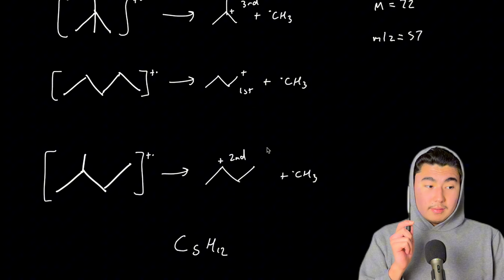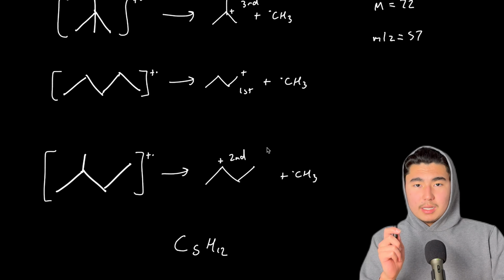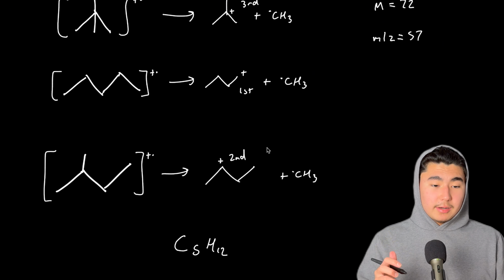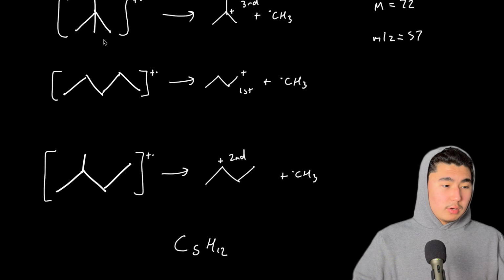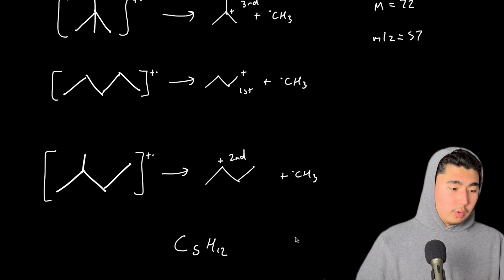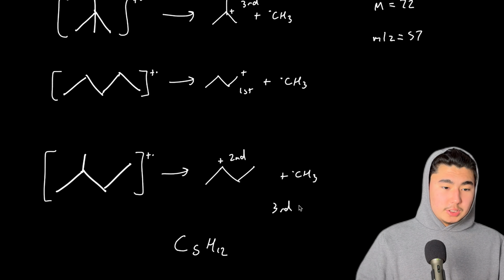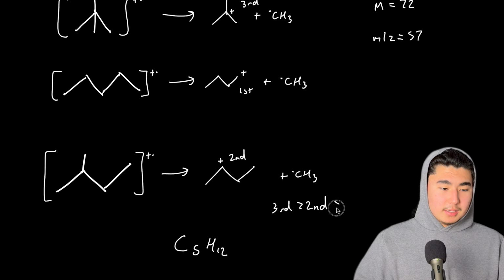But one thing you'll notice, and that we learned in Organic Chemistry 1, is that tertiary is going to be the most stable sort of carbocation that we can form. So remember, tertiary is going to be superior, then secondary, primary, and then we have our methyl.